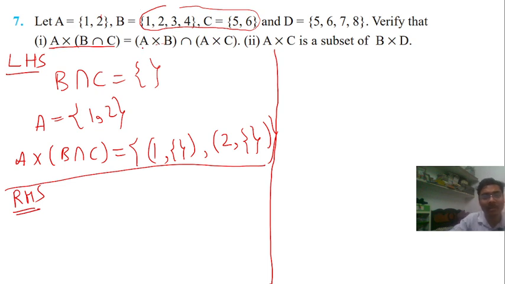To find the right hand side, we will have to multiply A cross B and A cross C, and then find the common intersection part from them.